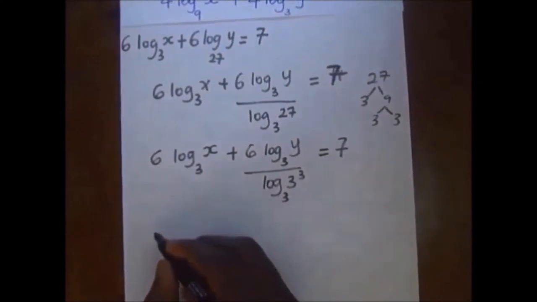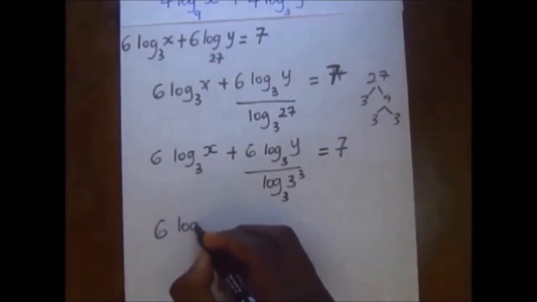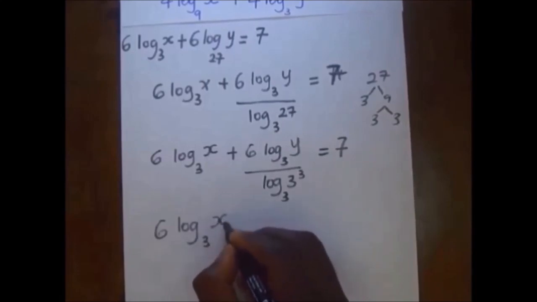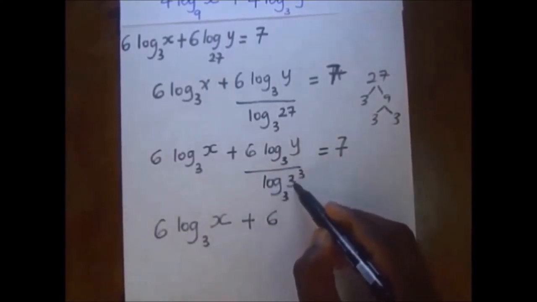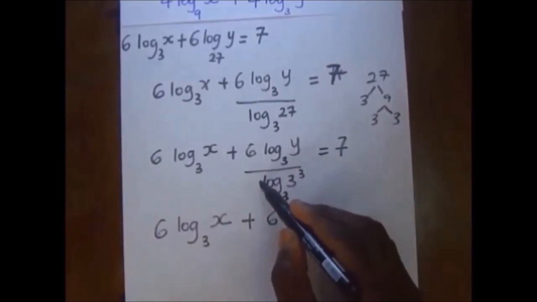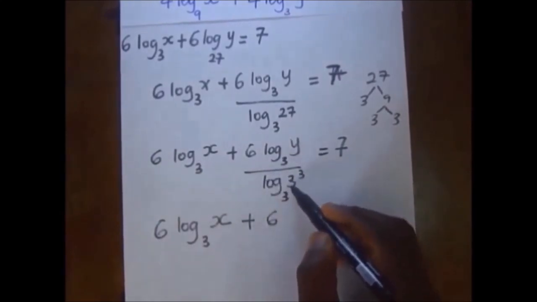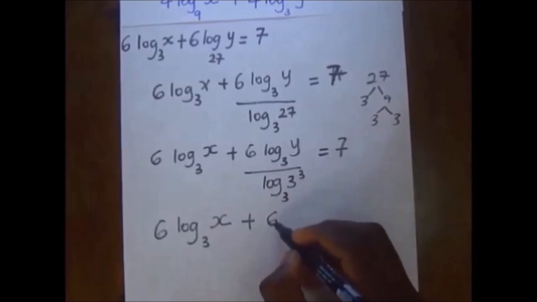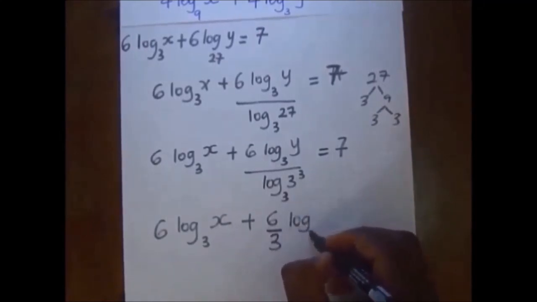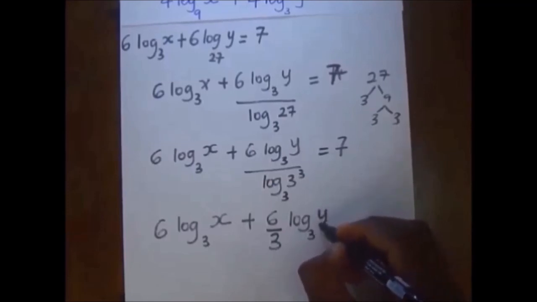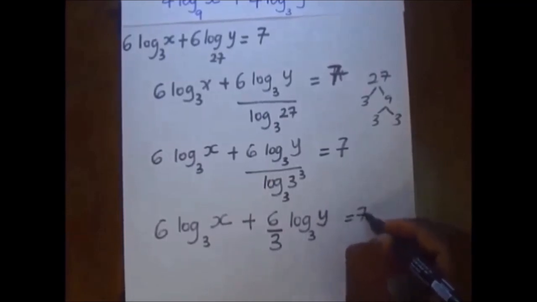So we continue. It's going to become 6 times the log base 3 of x plus 6, and now this is going to give us 3, because when this 3 comes down, it becomes 3 log base 3 of 3. So it's going to become 6 over 3 log of y base 3 is equal to 7.